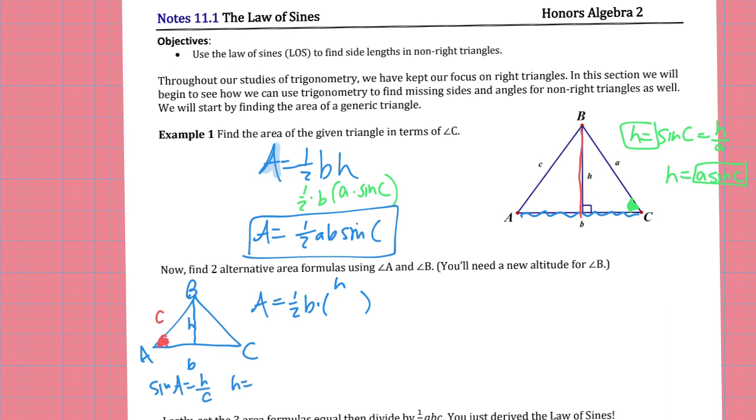So H equals sine of A times C, or C sine of A. So another way you could find the area of that exact same triangle is area equals 1/2 BC times the sine of A. It's kind of weird, but if you don't know the height, you can use trigonometry to find the H, of course. And that's what we're doing here.